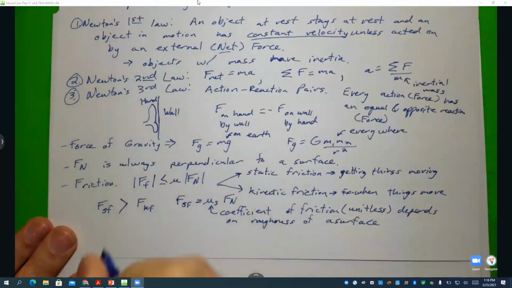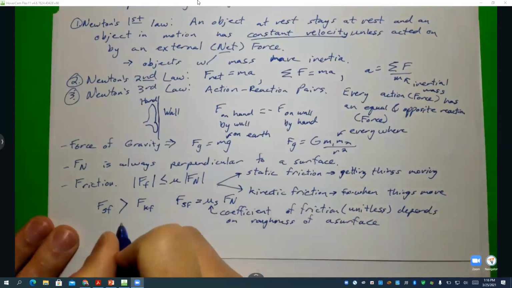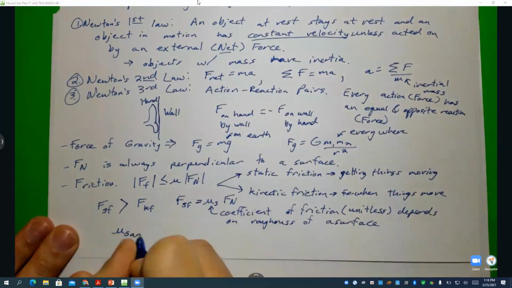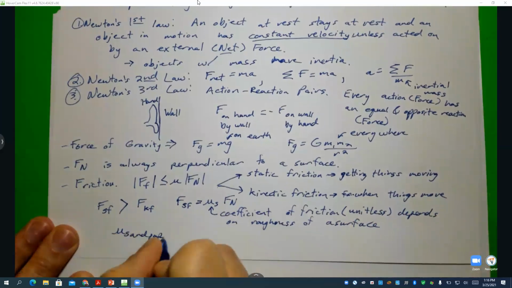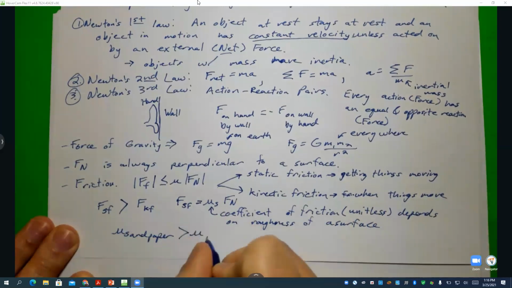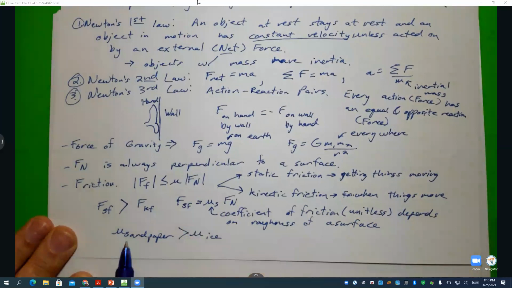So like, mu sandpaper is going to be greater than mu ice. That's where the actual material property comes into play here. Mu rubber would be between the two here. Okay.